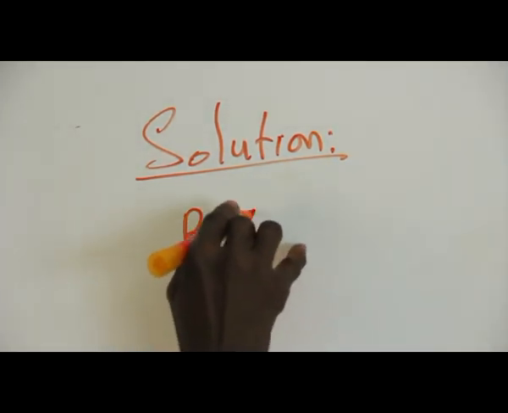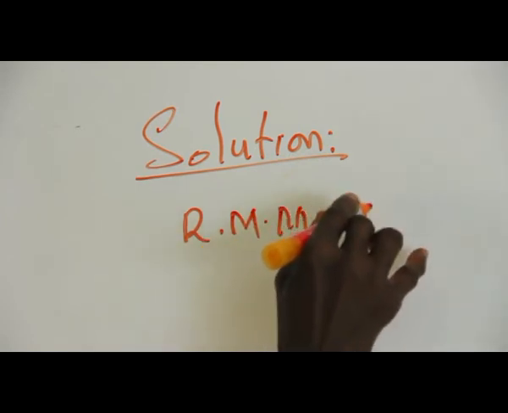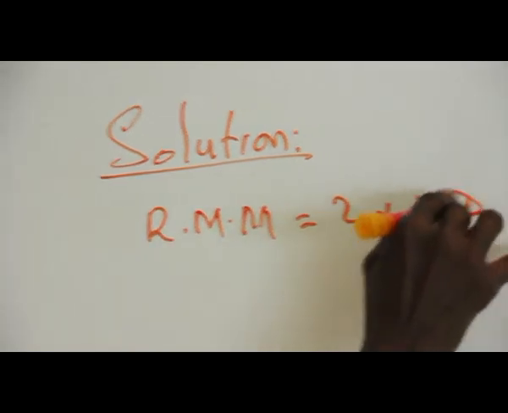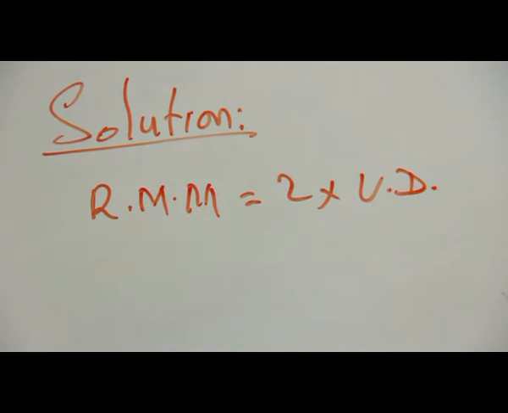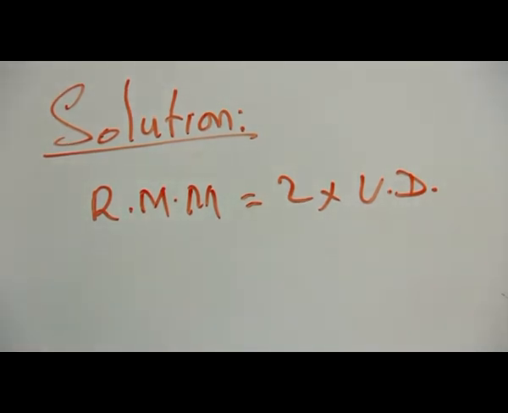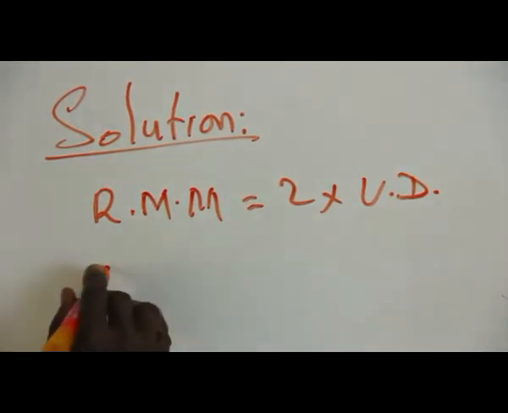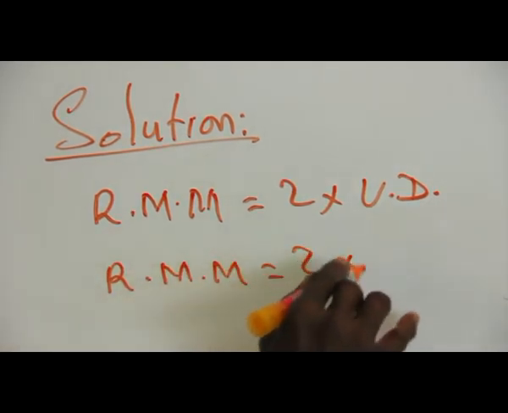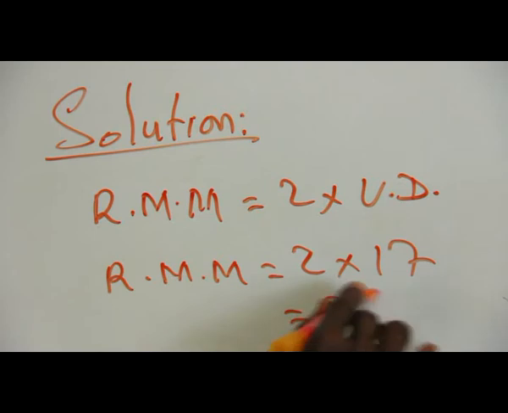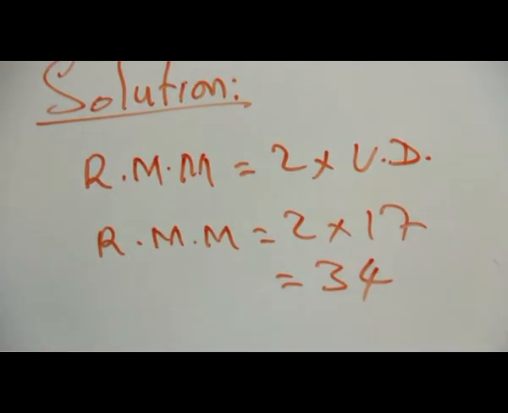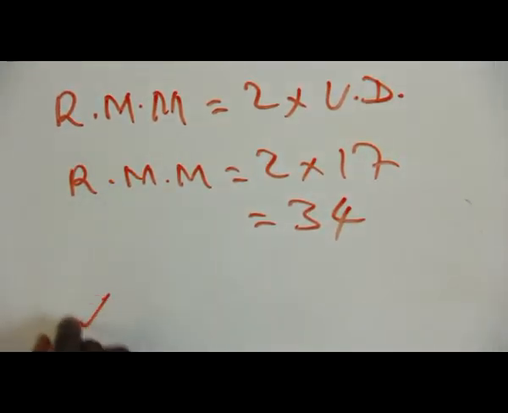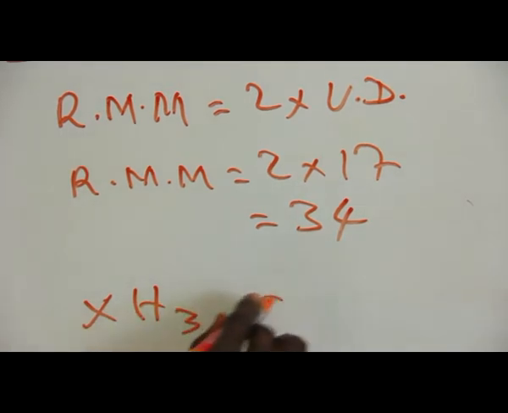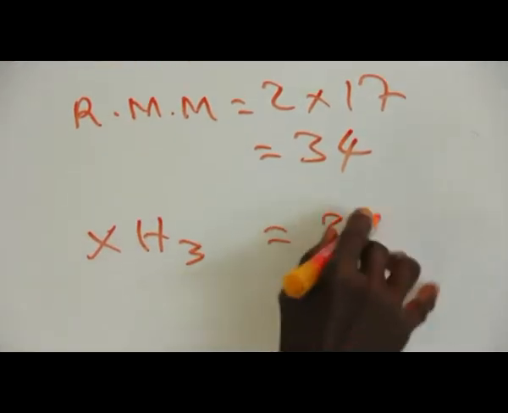relative molecular mass is 2 times vapor density. Now, in this problem, we're given that the vapor density is 17. And so the relative molecular mass is 2 times 17, which is 34. Now, the hydride we are given is XH3, and the mass of this is now 34.